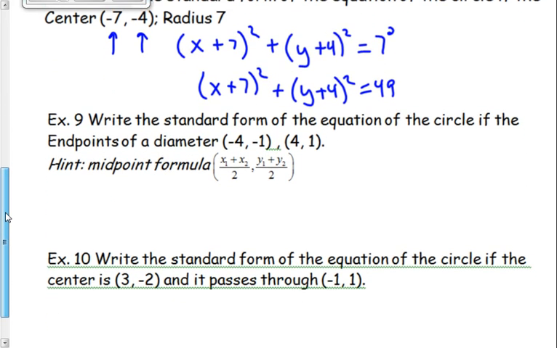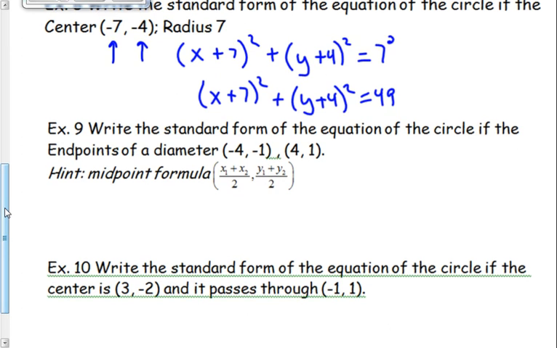Okay, if you have an example like number 9 here, write the standard form of the equation of the circle if the endpoints of the diameter are negative 4, 1 and 4, 1. We need to find a couple things in order to do this. We need to find the center, and we need to find the radius.